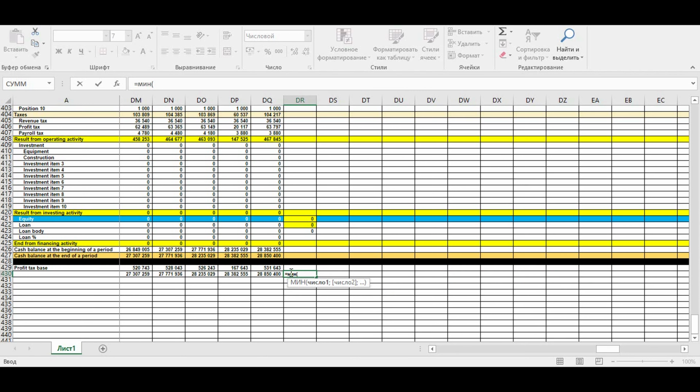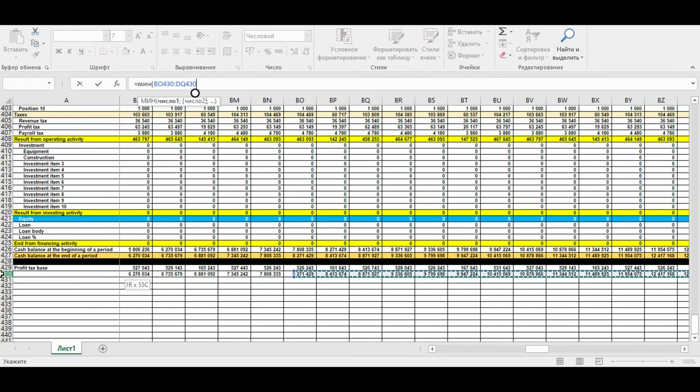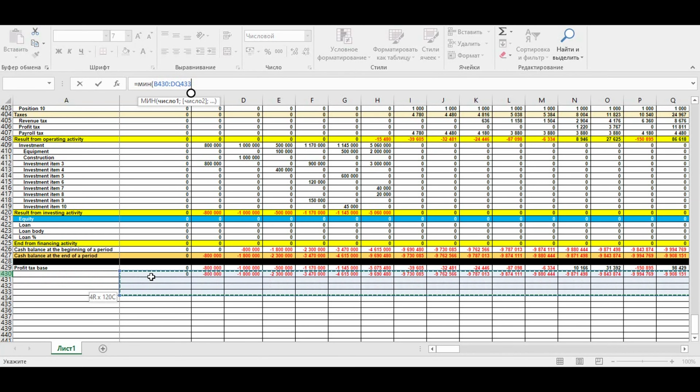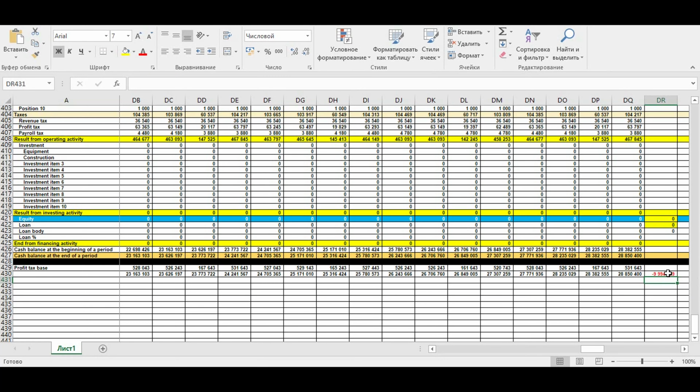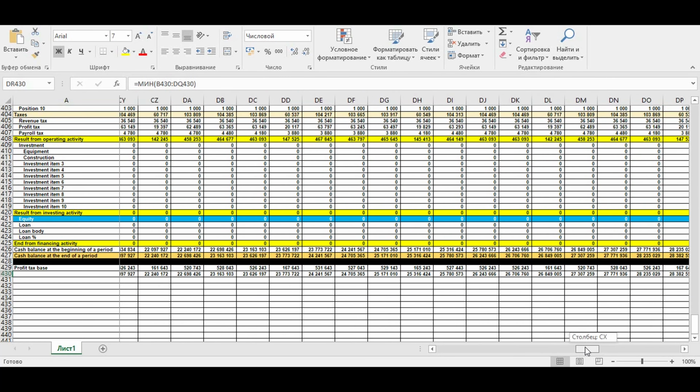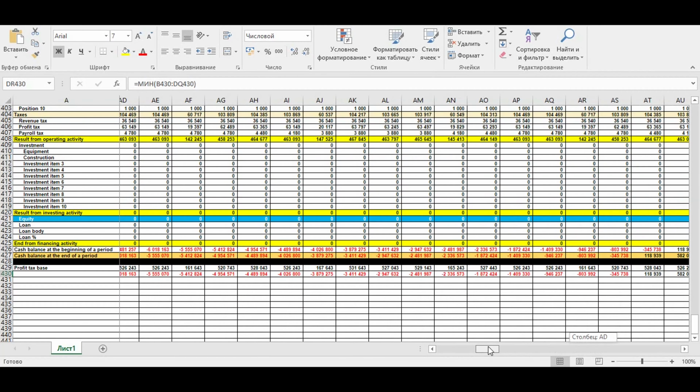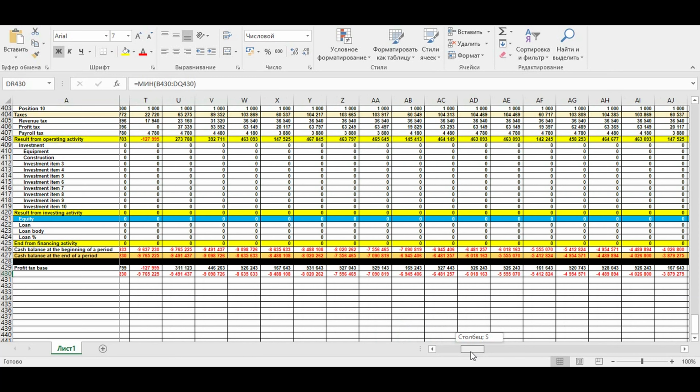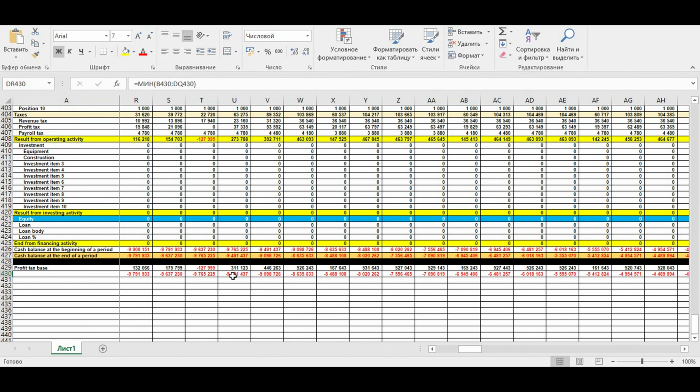So this is the minimum, and here we enter the area where we seek the minimum. So the minimum is this figure. This figure is here.